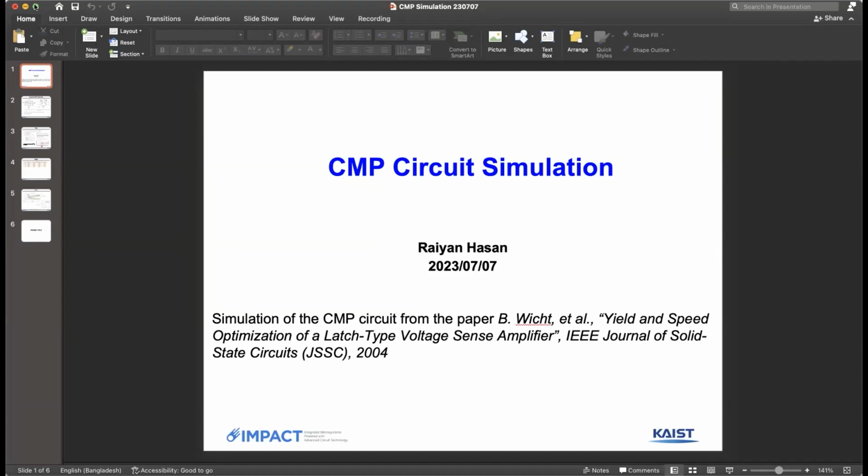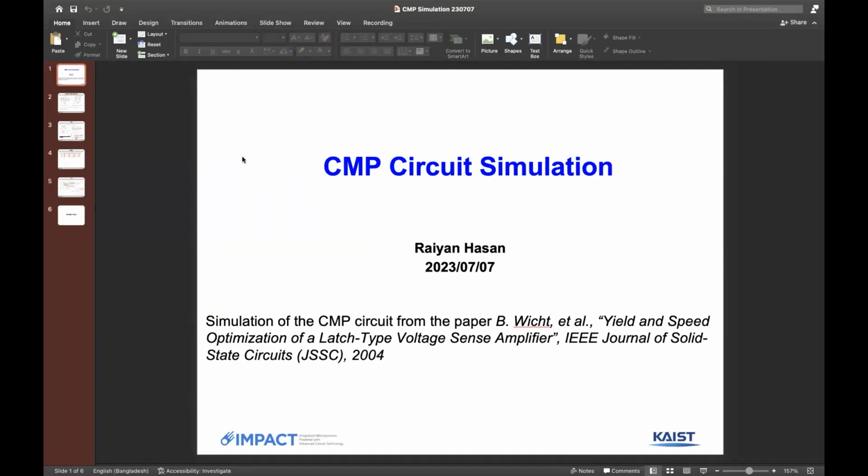So you can see my screen, right? Yes. So this presentation is on the simulation I did on the comparator circuit from the paper. The comparator circuit is taken from the paper mentioned here.